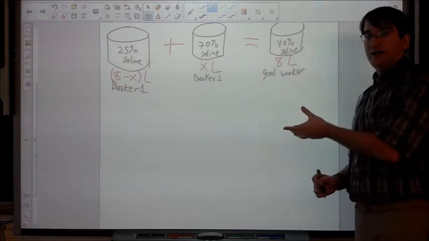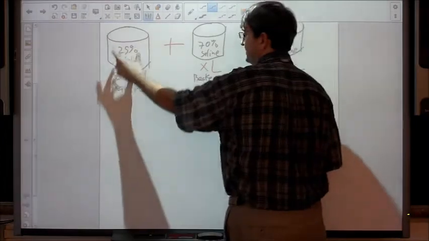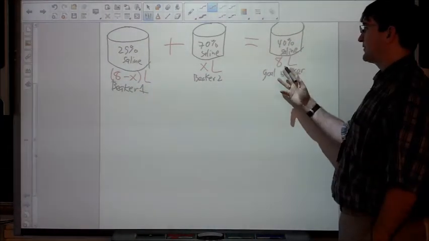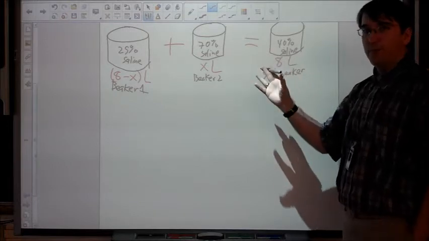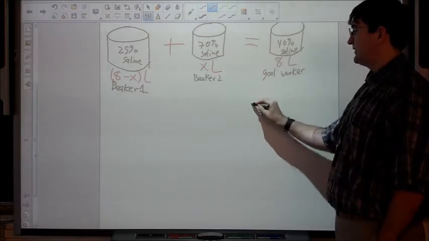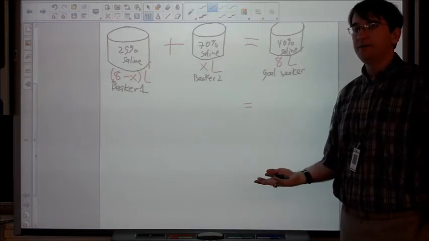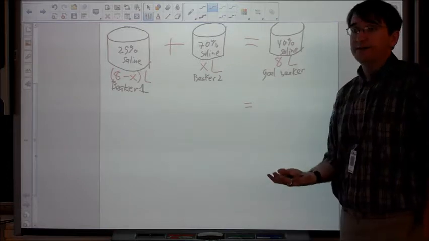To make an equation out of this, we have to use those percentages and those amounts. If this is supposed to be 8 liters of liquid that's 40% saline, how much actual salt is in there? It's 40% of 8.